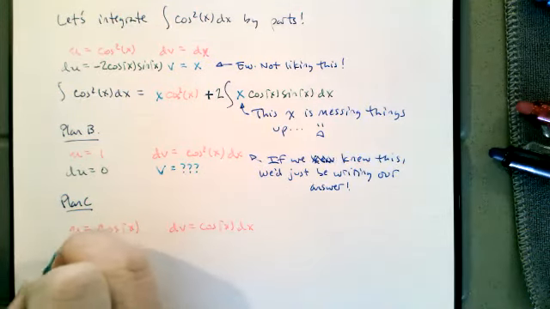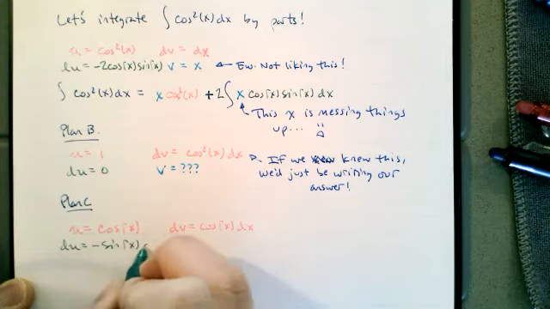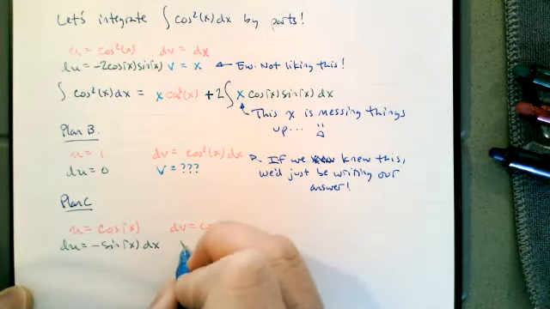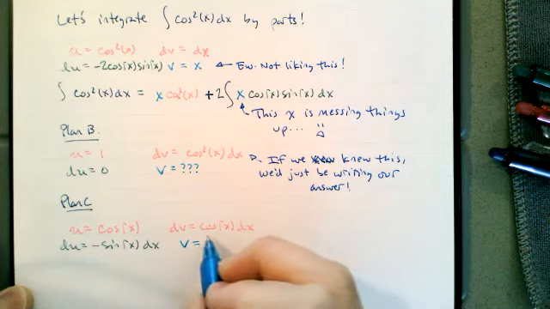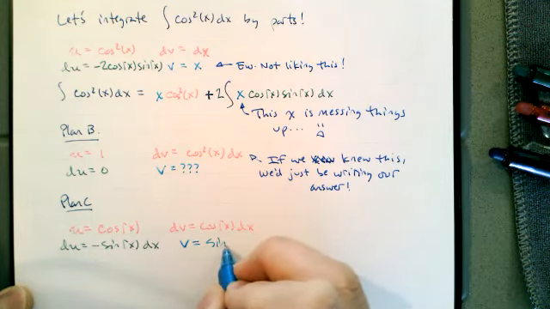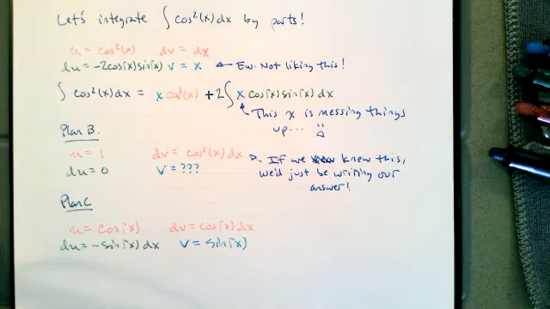So if u is cosine x, then du is minus sine x dx. And v, the integral of cosine is sine x. So this looks like something that we can work with.